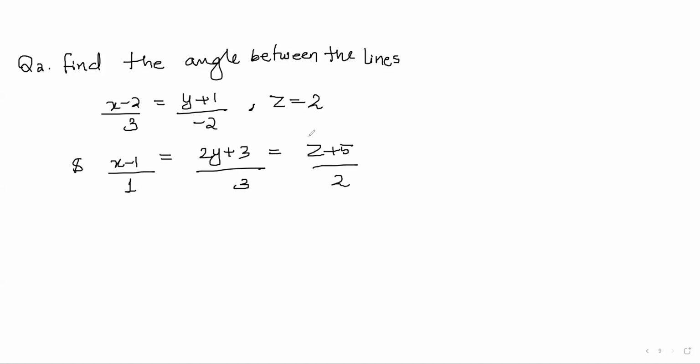Okay. Now please first change this into the standard form. First tell me the standard form of this, then start solving this question. Sir, by standard form, you mean the vector form? Standard form means this one: x minus x1 by a, y minus y1 by b, z minus z1 by c. This form. Okay.